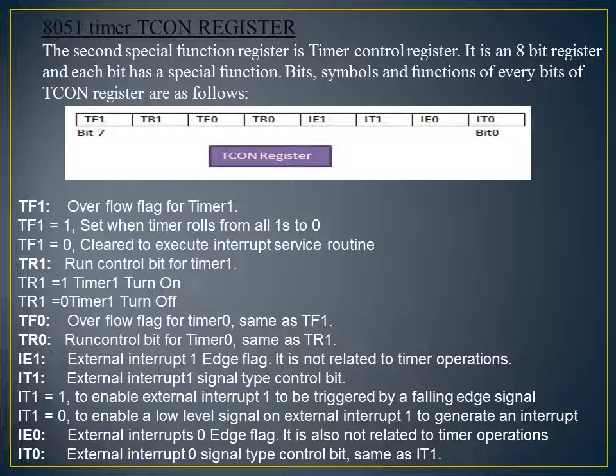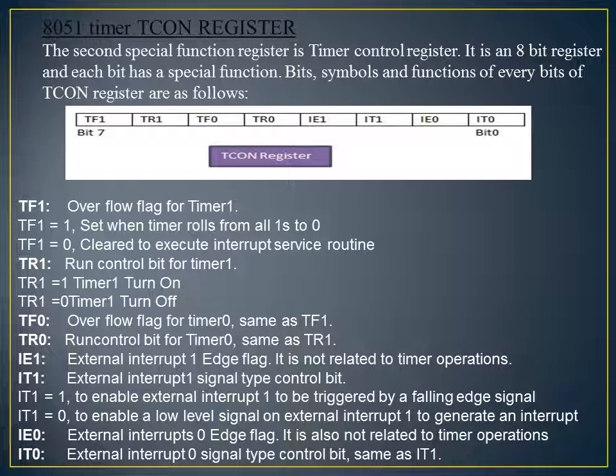Next is TR1, the run control bit for timer 1. When TR1 is equal to 1, timer 1 will be on. When TR1 is equal to 0, timer 1 will be turned off. Then TF0, the overflow flag for timer 0, same as TF1. TR0, the run control bit for timer 0, same as TR1. Next is IE1, the external interrupt 1 edge flag. It is not related to timer operation.